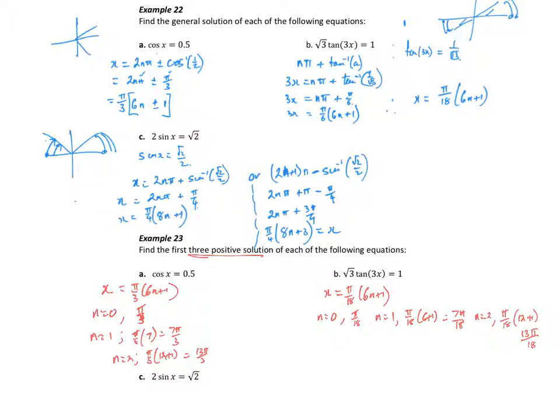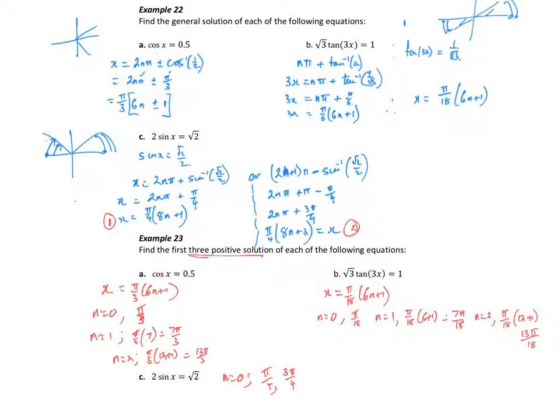For the last one there, 2 sine x equal to root 2, I've got two possible solutions here. So solution 1 and solution 2. So if I put n equal to 0, from solution 1, I'm going to get pi on 4. From solution 2, I get 3 pi on 4.